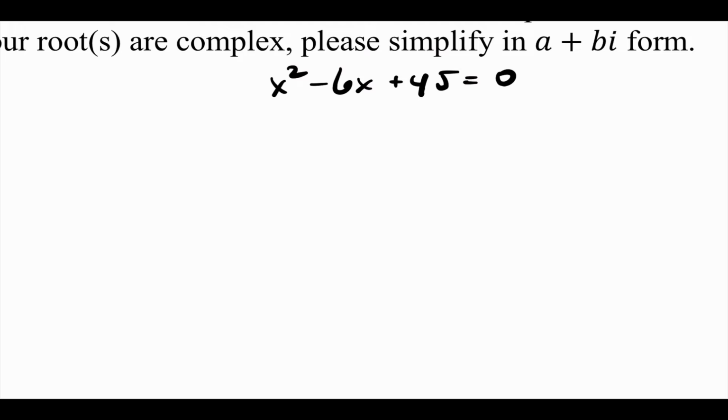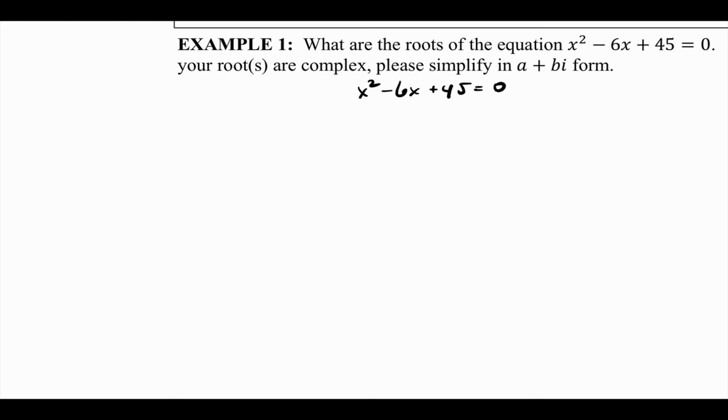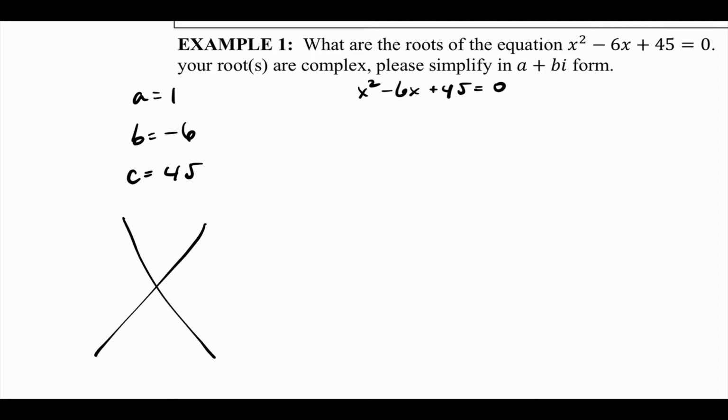Okay, skip that step. Let's go to ABC then. A is 1, B is negative 6, C is positive 45. So I need numbers that multiply to be 45 and add to be negative 6. That's what I need to find.